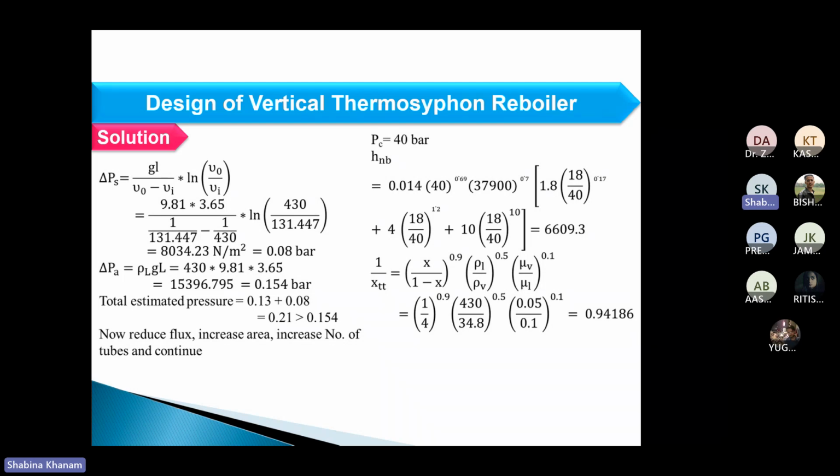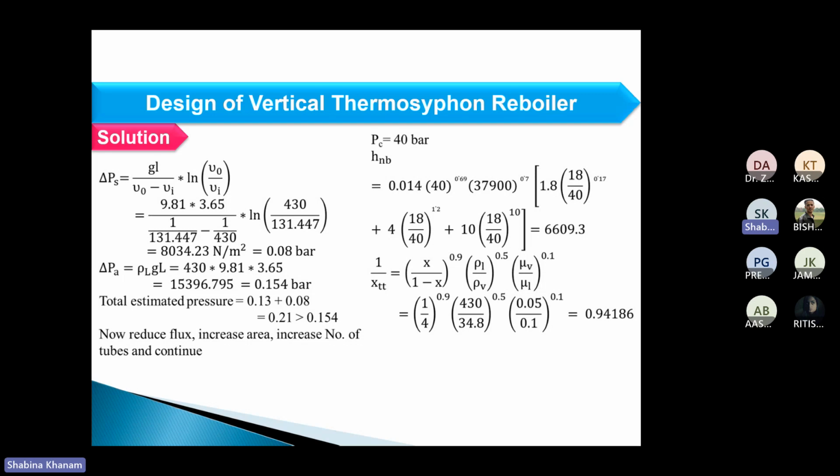At entry we are given pure liquid, and you need to consider the heat transfer coefficient of single phase flow, as you consider for a shell and tube heat exchanger. So you will consider the heat transfer coefficient at entry condition as single phase, and at exit condition you need to consider two different phases.